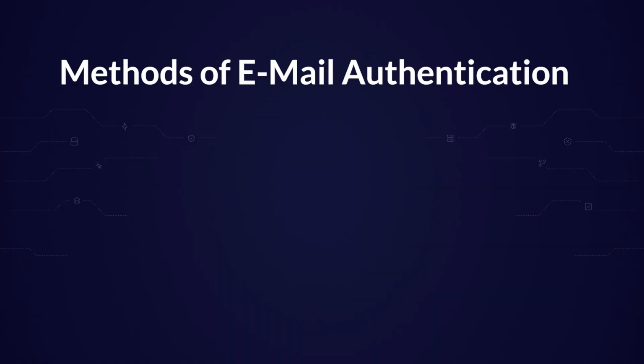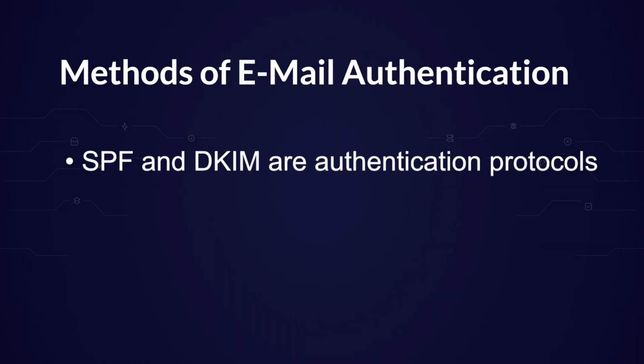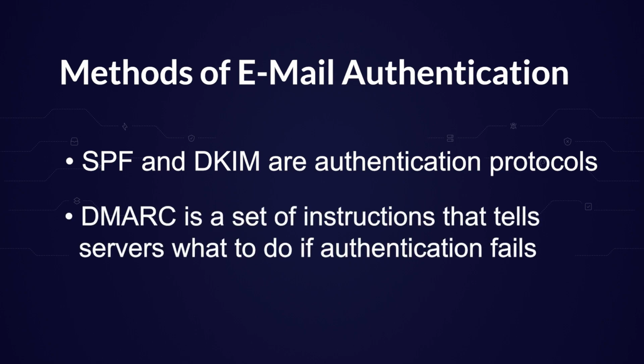The main difference, however, is that SPF and DKIM are authentication protocols, and DMARC is actually a set of instructions that tells the receiving email server what it should do if authentication via SPF or DKIM fails. With that being said, let's talk about how each of these methods work.